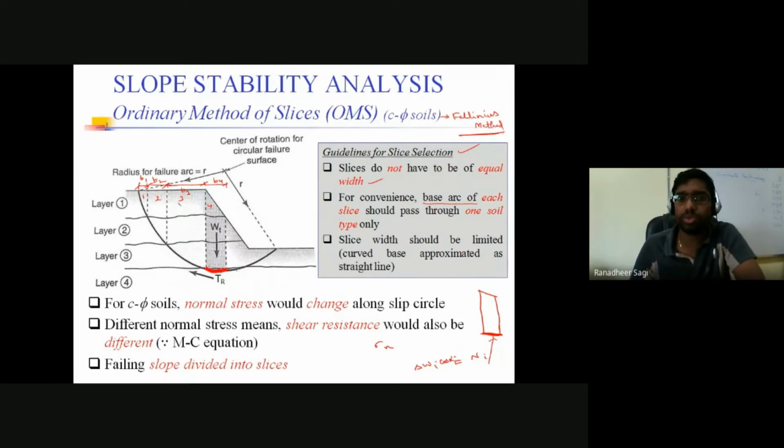When it passes through two different layers, what happens is that when you talk about the amount of resistance that is getting developed at the bottom of that particular arc surface, that is what we define as your failure surface.